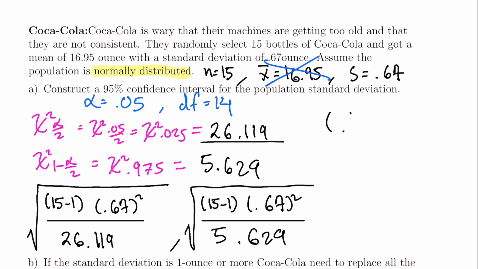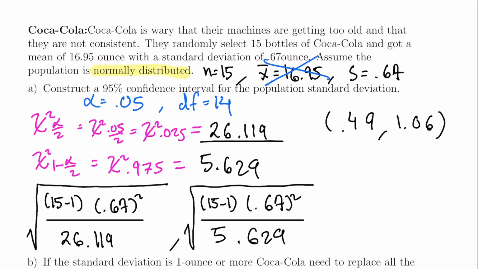You get 0.49, and you get 5.6, you get 1.06. And that's how you get the confidence interval for standard deviation.